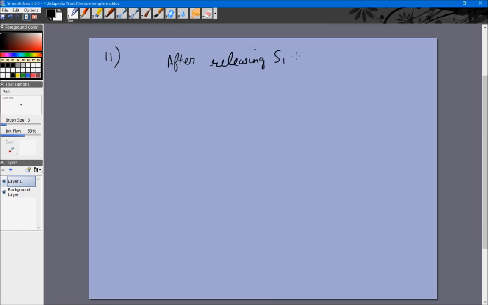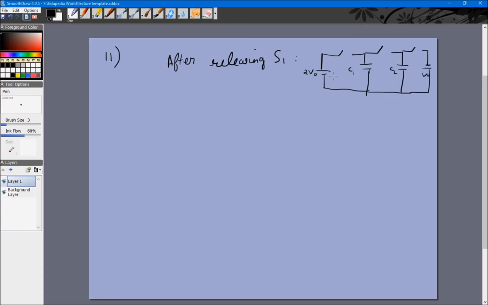So after pressing and releasing switch S1, after releasing S1, the state will be, this doesn't matter because it's not connected to anything. Here we'll have a capacitor C1, C2, V0, and this is 2 V0.